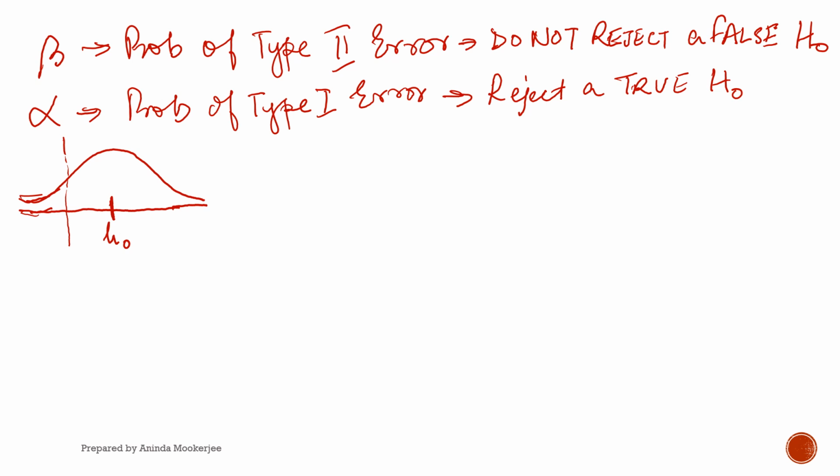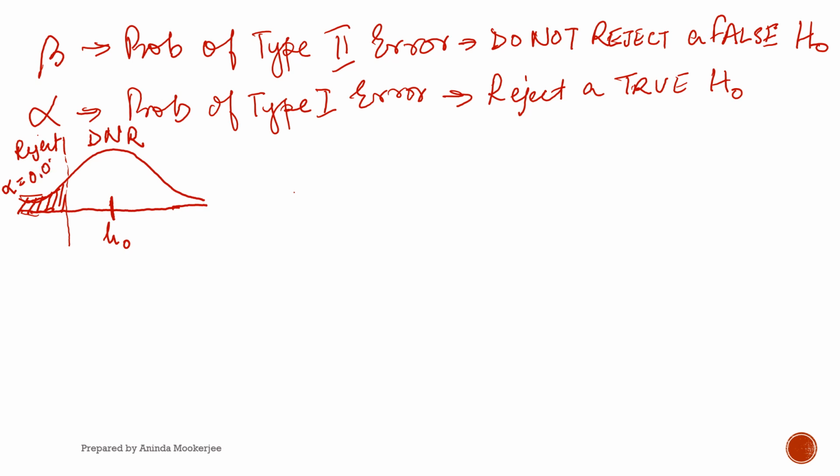But let's assume this is a left tail test. So our reject region will be to the left, and the do not reject region is on the other side of the reject region, and the area associated with the reject region under the curve is whatever value alpha is.